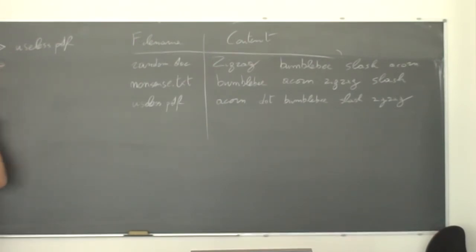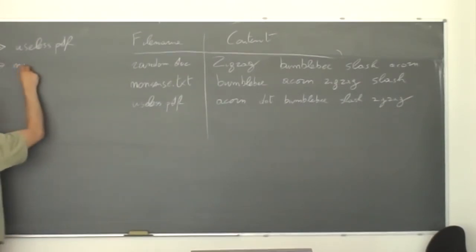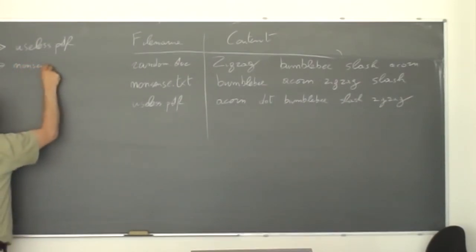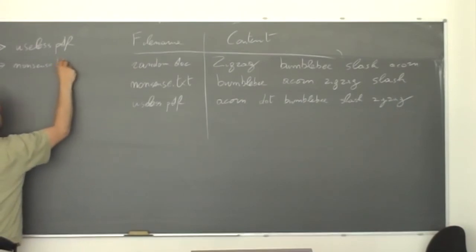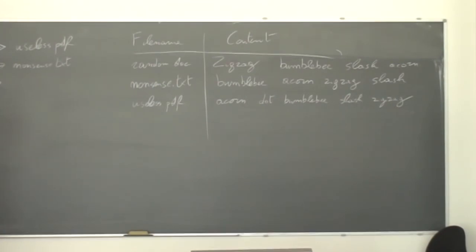For the same reason, bumblebee should be mapped to nonsense.txt. Dot actually only appears in the 3rd document, so it's mapped to useless.pdf.